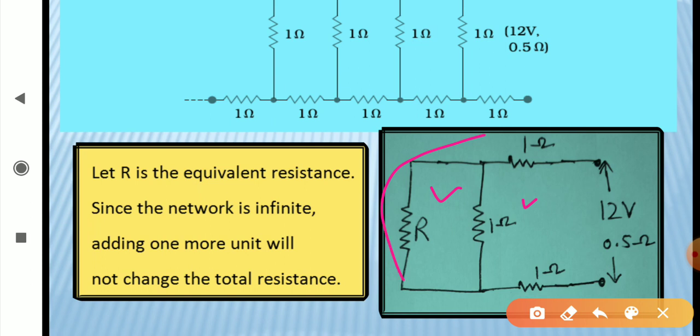This is a parallel combination. In series with this parallel, there is this 1 ohm and this 1 ohm. So we can find the total resistance as this parallel combination, 1 into R upon R plus 1, plus 1 plus 1, right?